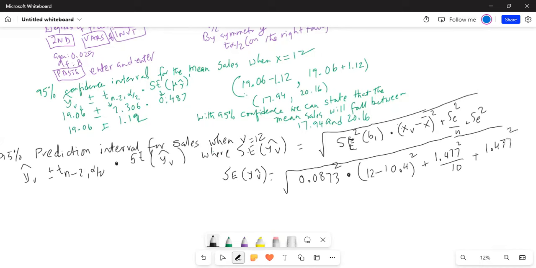So inside the square root this becomes 0.0195 plus 2.3996, which is equal to square root of 2.4192.